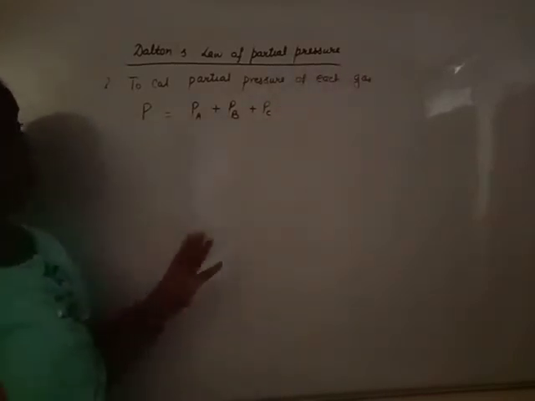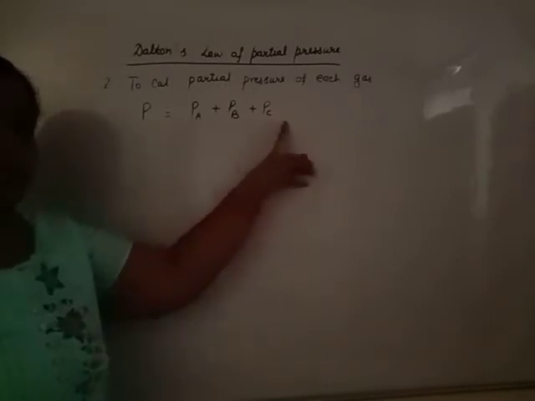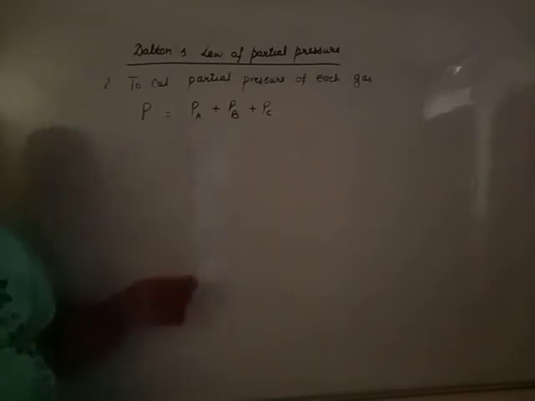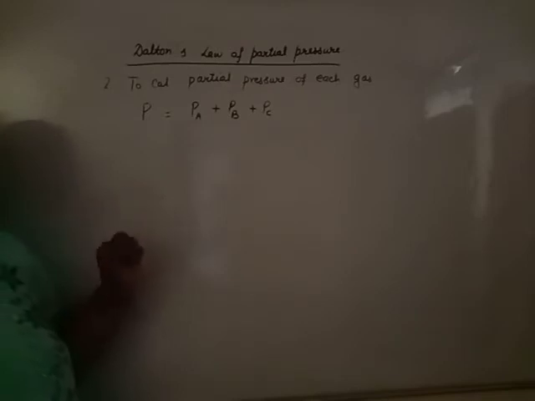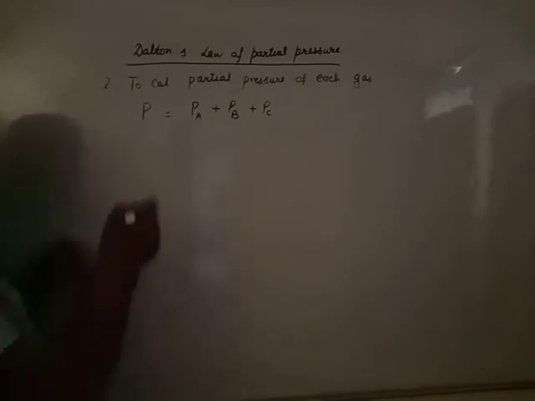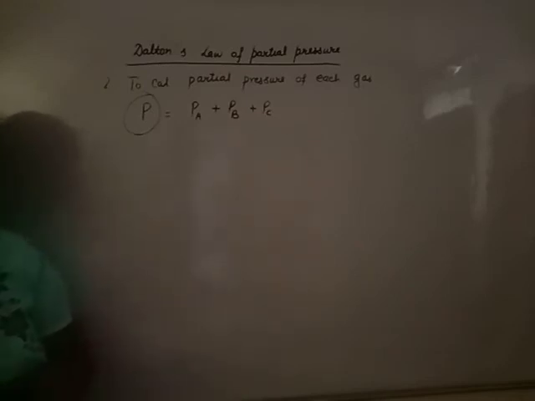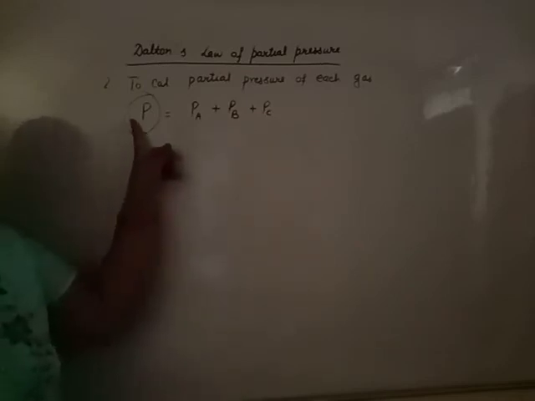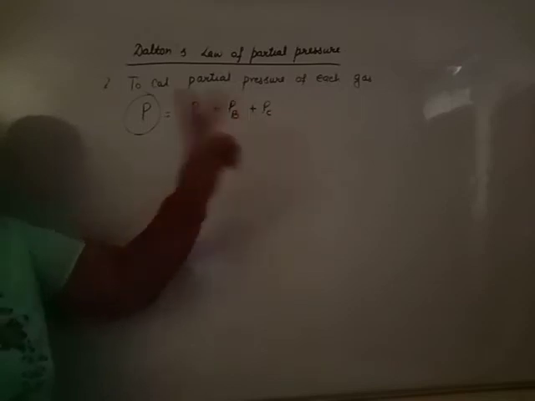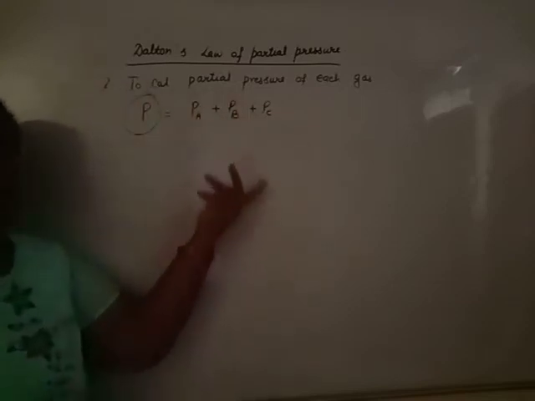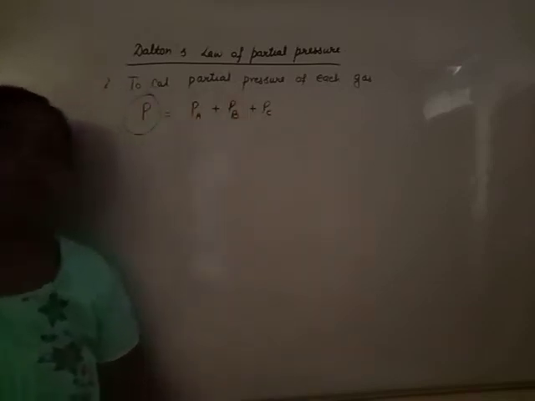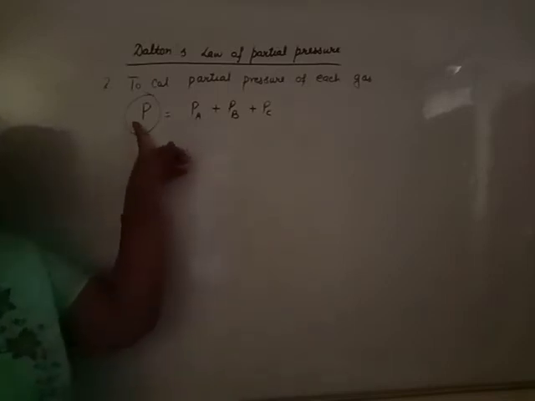I don't know the partial pressure of any gas; I know only the total pressure. How will you calculate the partial pressure of each gas? If I know the total pressure and out of 3 we know the value of 2, the third one will be easy to calculate. But here, we know only one thing.